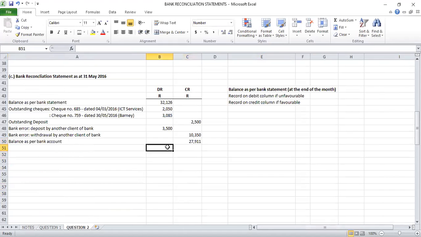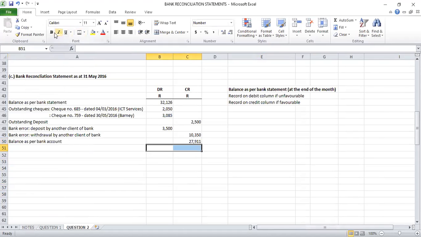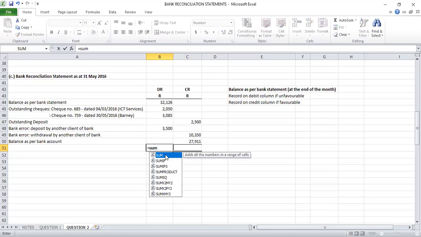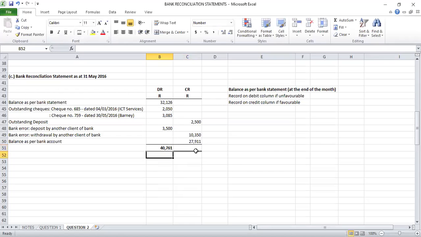Right. After recording everything, then you find the totals. And at the end of the day, if all the differences have been noted or identified, our totals should be the same.